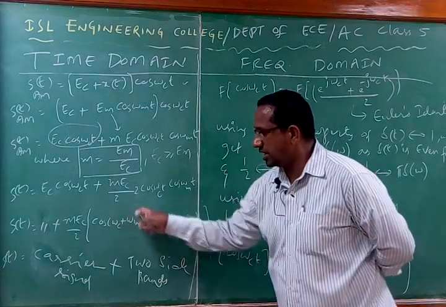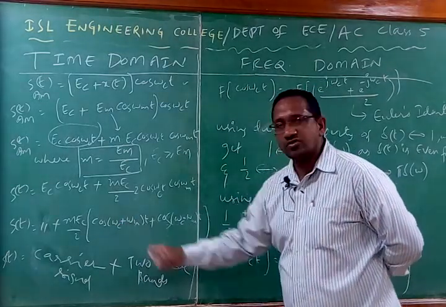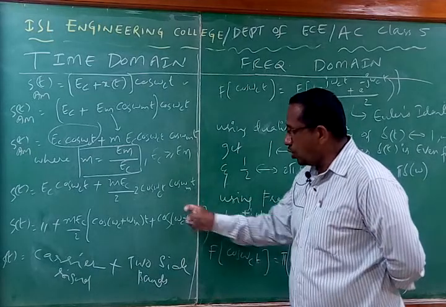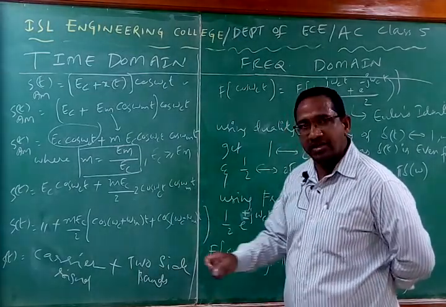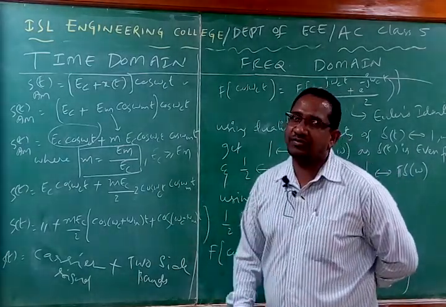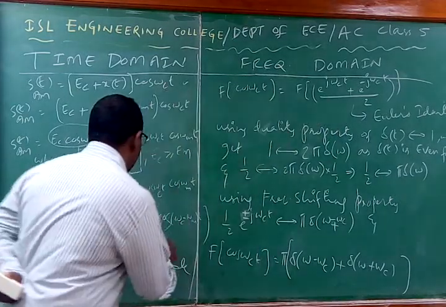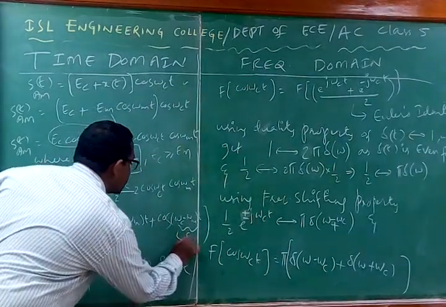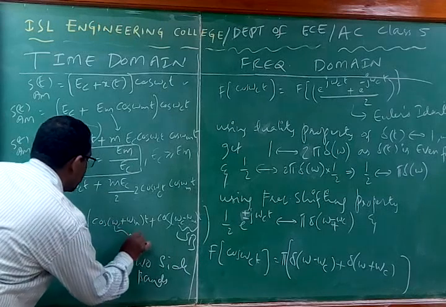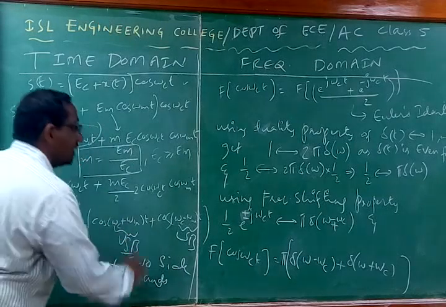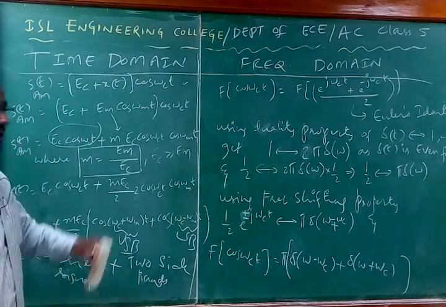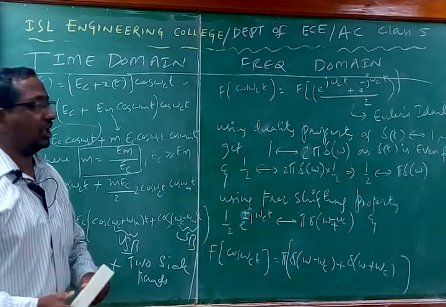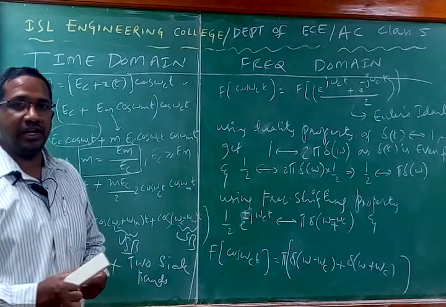Because it is an increasing frequency, omega c plus omega m. Lower sideband, why? Because it is omega c minus omega m, so it is a decreasing frequency. Therefore we call these the lower sideband frequencies, and these the upper sideband frequencies. So this equation is known as the time domain representation of the amplitude modulated signal.